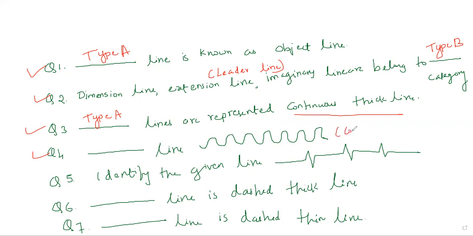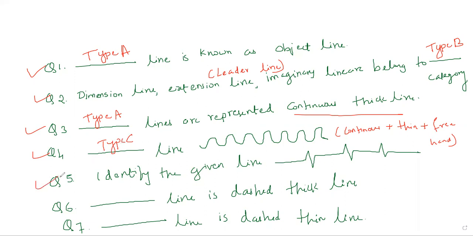Obviously it is thin only, and I have drawn it using freehand drawing. So what kind of line is this? The answer is type C. It represents the short break, or partial interruption. Such kind of lines are generally called type C lines.